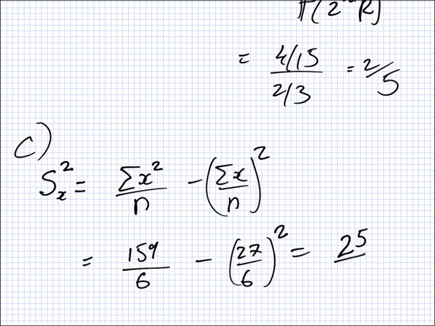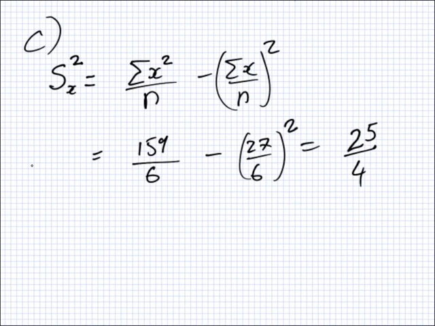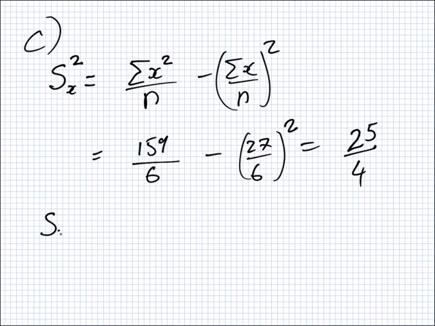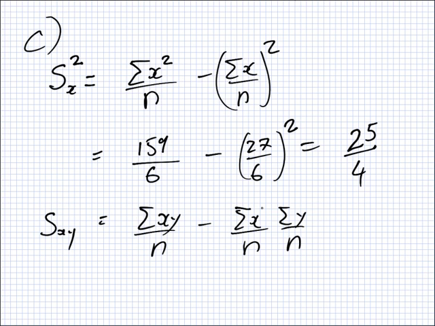25 over... What is it? Yeah? Okay, and the next thing they want is Sxy, which is sum xy over n minus sum x over n times sum y over n.